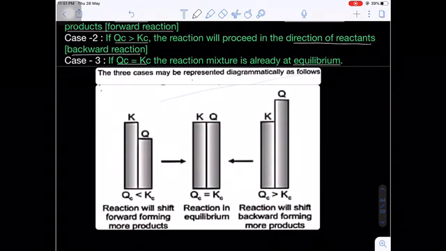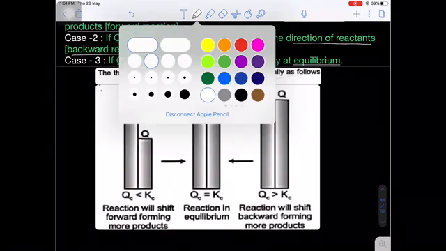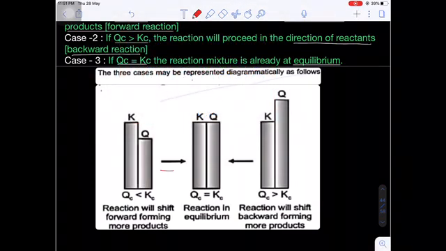So the three cases may be represented diagrammatically as follows. In the first diagram, the magnitude of Qc is less than Kc. Are you getting my point? That means the reaction is tending to move in the forward direction. This is the forward direction.